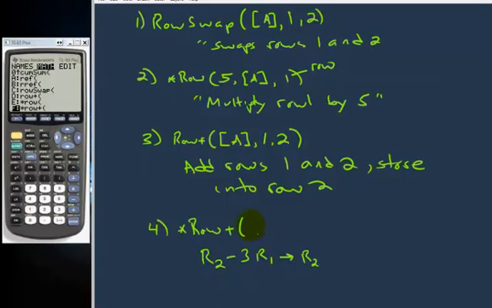It's written like this: what are you multiplying, what matrix, which row are you multiplying the negative 3 to, that's row 1, and then what are you storing this into, which is row 2. So these are the 4 functions we're going to use to row reduce that matrix.